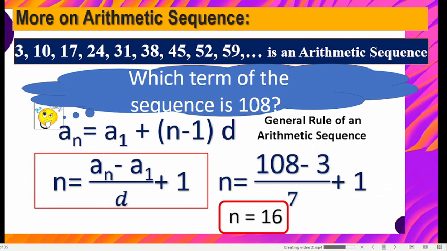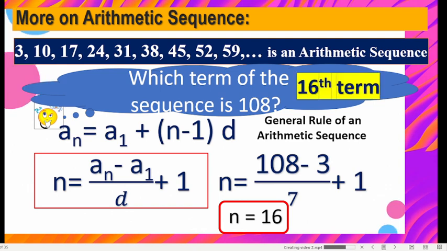Replacing a sub n by 108, a sub 1 by 3, d equals 7, we'll have n equals 108 minus 3 all over 7 plus 1. 108 minus 3 is equal to 105. 105 divided by 7 is 15. 15 plus 1 is equal to 16. Hence, 108 is really the 16th term of the given arithmetic sequence.